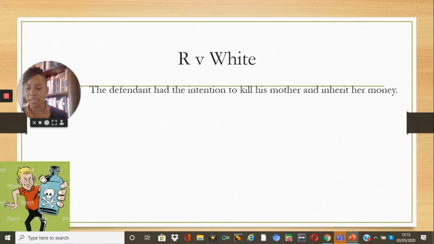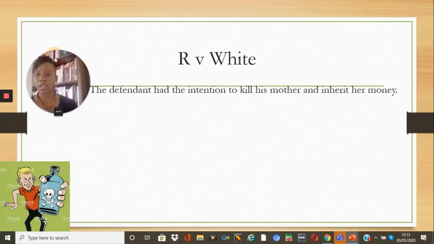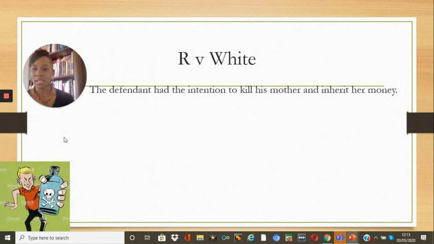Now, I do have a photo. Nice, so the photo is here. And the photo is of the defendant, in this case, Aaron White. Interesting case, interesting and slightly disturbing. So can you see the defendant has something in his hand?